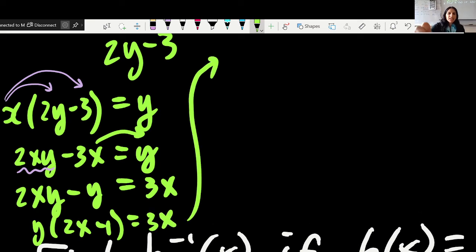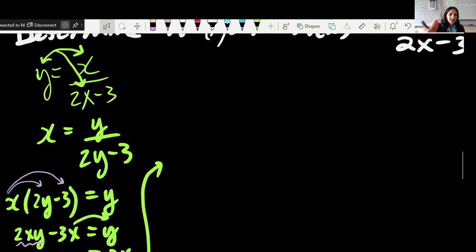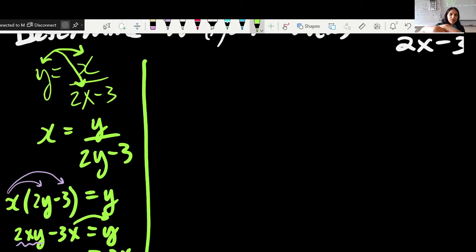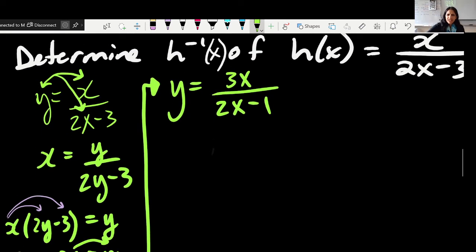And when we pull this up here, wow, this is getting ridiculously long. Let's pull this up here. And we would get y equals 3x over that 2x minus 1 that we had factored out. And what was this? h.